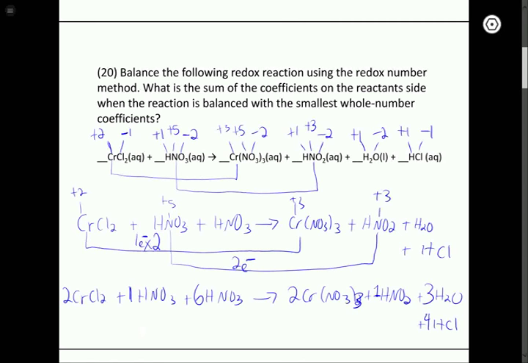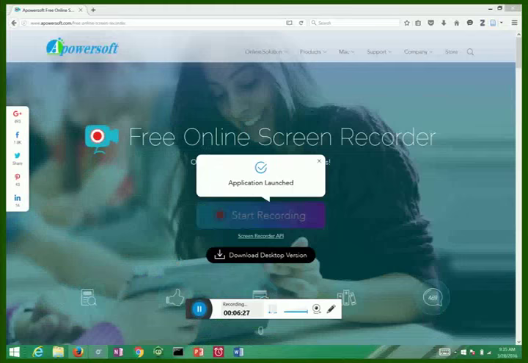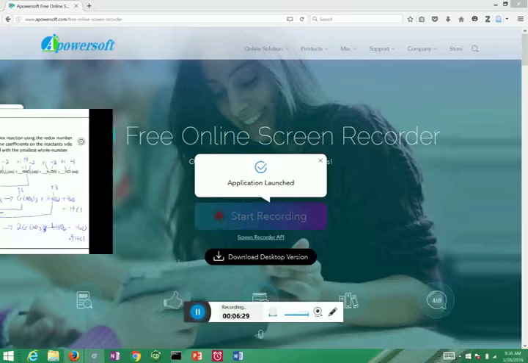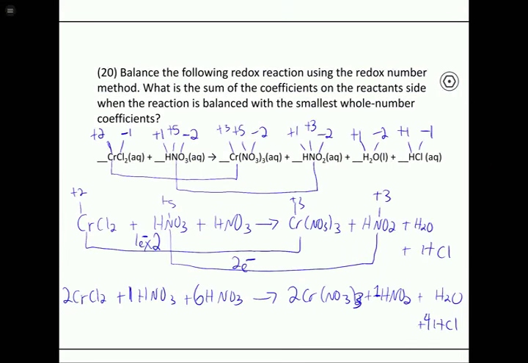Okay, so each of these, I believe that's correct. Let me check that real quick. Okay, I botched that. There should not be a 3 in front of water. There's only a 1. I was trying to do this on the fly and messed up.